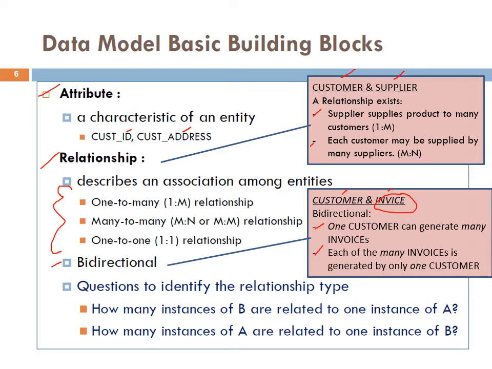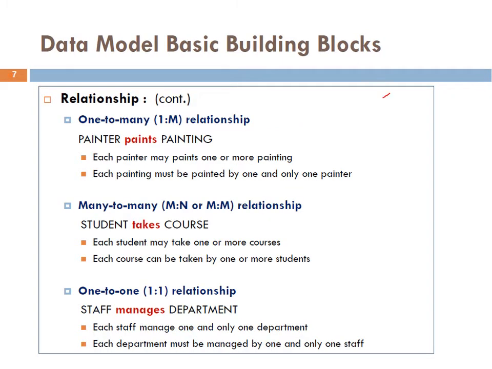So the questions to identify the relationship type are basically: how many instances of B are related to one instance of A, where B and A are the entities? The next question is how many instances of A are related to one instance of B? These are the examples of relationships.